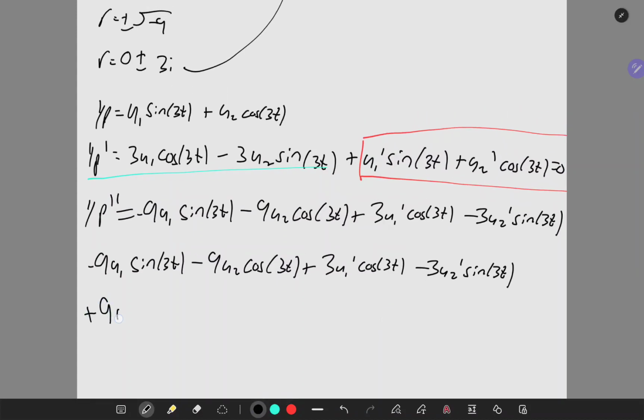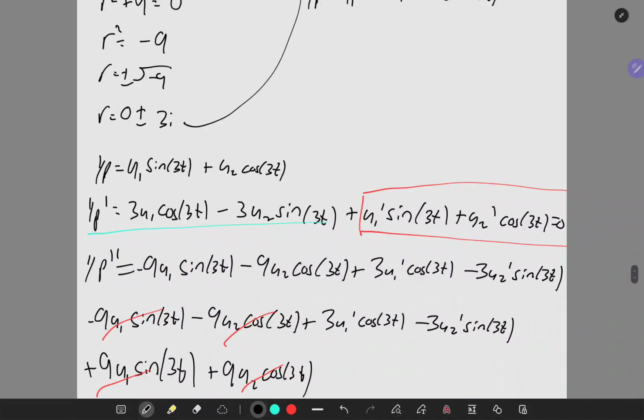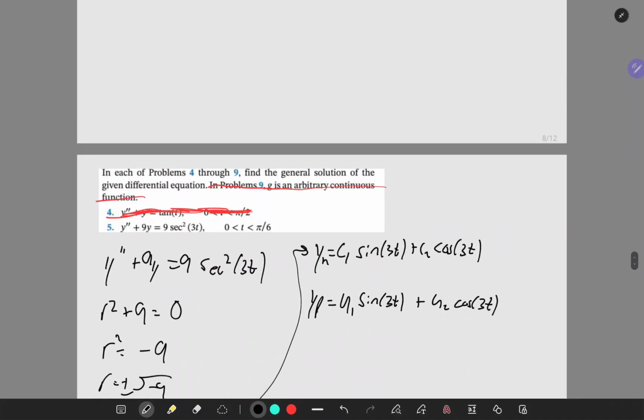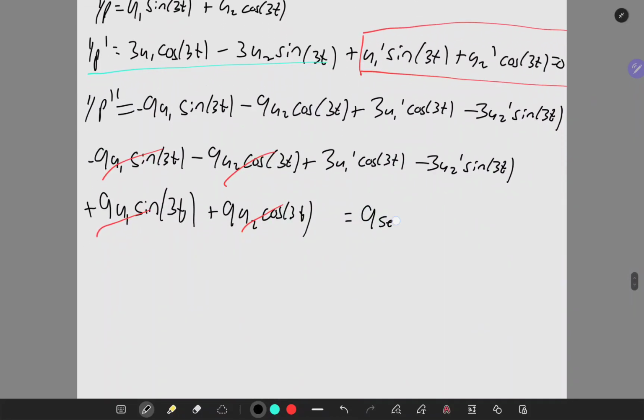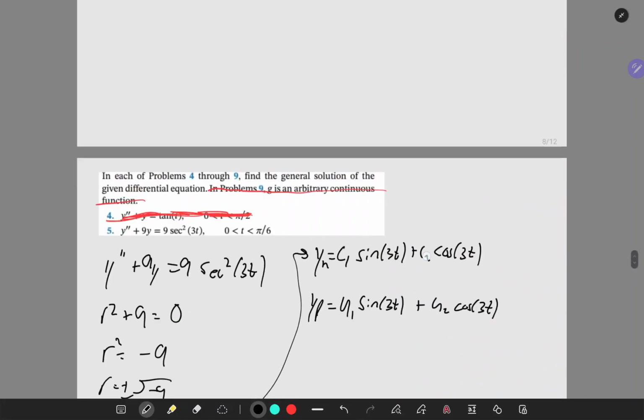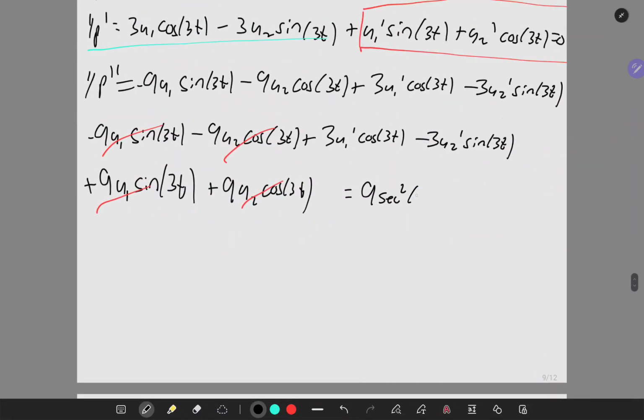So plus 9 u1 sine, and I already see something that cancels out, right? Plus 9 u2 cosine, and I see another thing that cancels out. These cancel out, and these cancel out. So this is equal to, I forgot this, 9 secant squared of 3t. Oh geez, secant squared, that sucks.